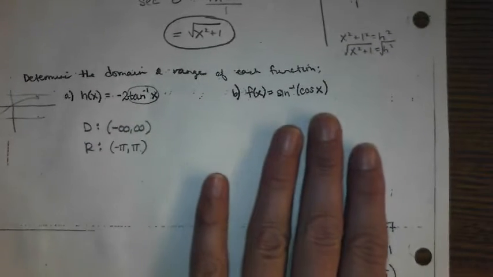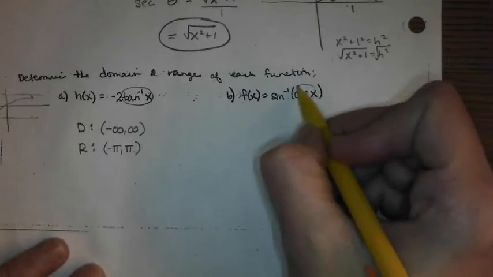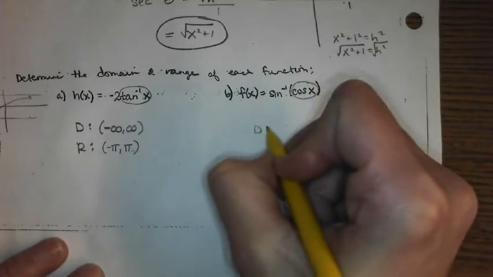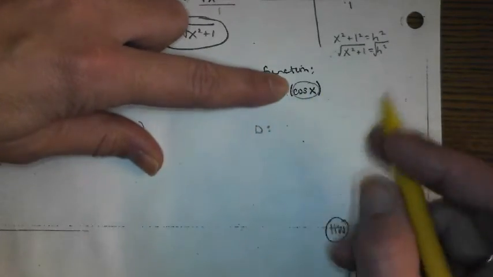And B. What is our domain? Because what are we allowed to take the cosine of? What'd you say? Just innermost. Negative 1 to 1.